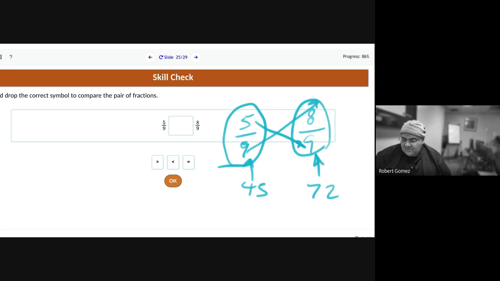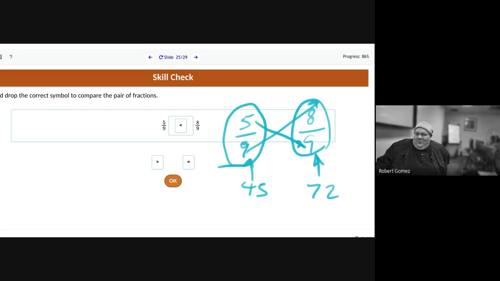So I figure out, okay, well, what's the bigger fraction? Just looking at this, we can tell that 72 is the bigger one, right? So we know at the end of the day that 8 over 9 is going to be greater than 5 over 9. Now, remember how I said yesterday or last week, try not to do the alligator thing.